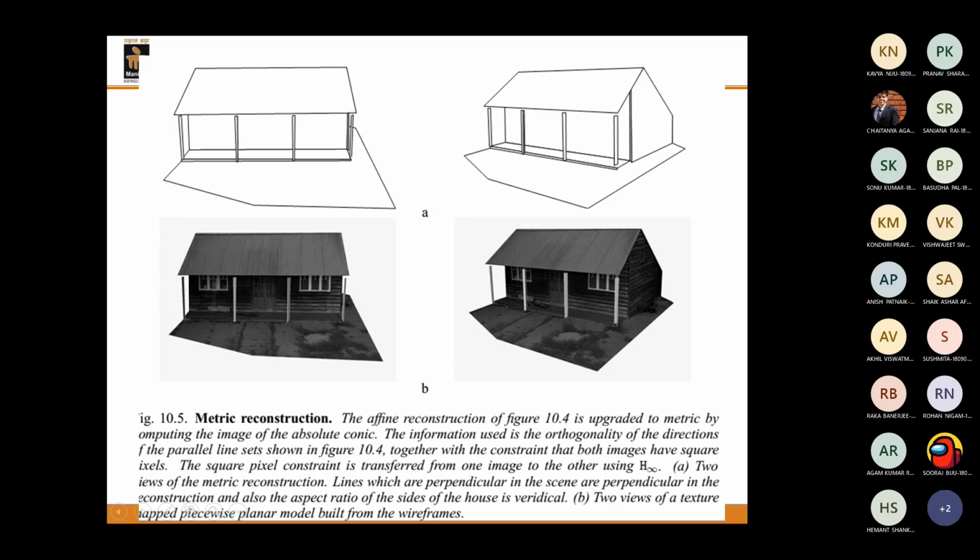Similarly, we map from the affine space to the metric space by computing the image of the absolute conic and back projecting it to the plane at infinity, from which we obtain the metric reconstruction. This is an example of how the images would look. The second method is direct reconstruction, where we directly reconstruct the metric space from the projective space, and that will continue in the next class.